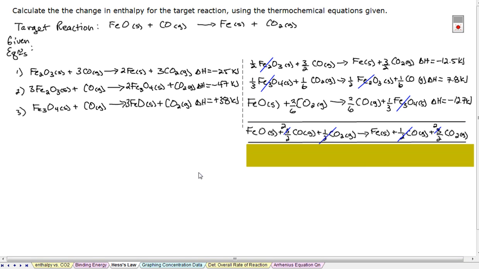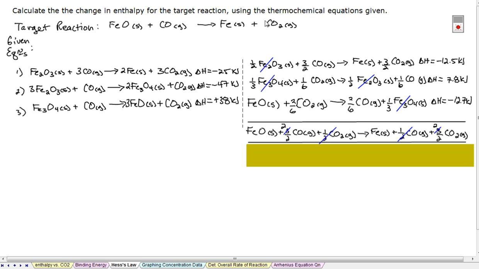So what I did was I looked at my fractions of carbon dioxide and carbon monoxide. Initially it was 3/2 CO and 1/2 CO2 on the left side, and it was 1/2 CO and 3/2 CO2 on the right. Now if I have 1/2 CO2 here and I take 1 from 3/2, I get 2/2 CO2, which is 1.